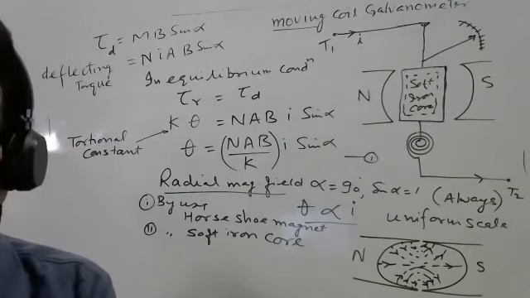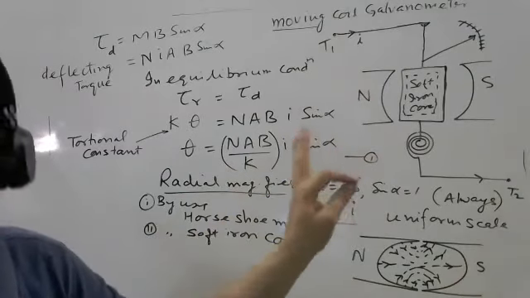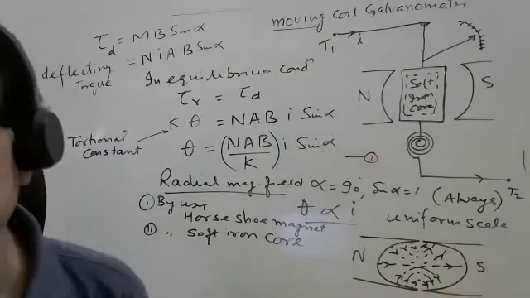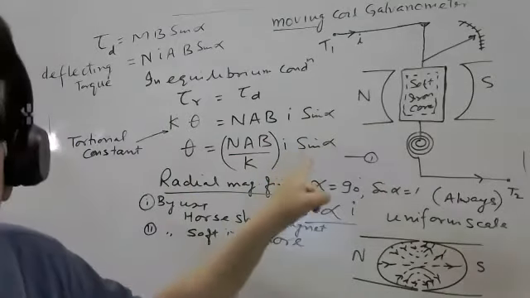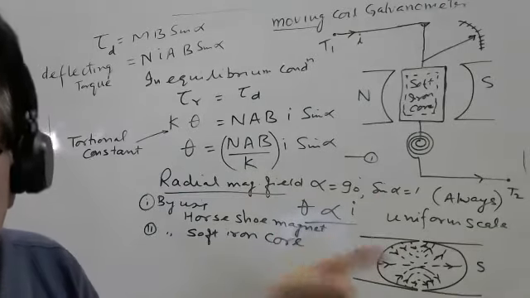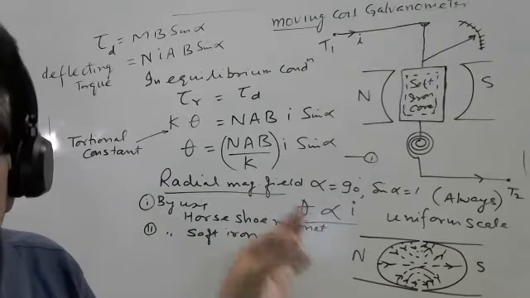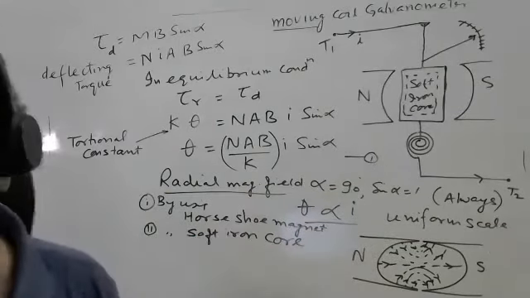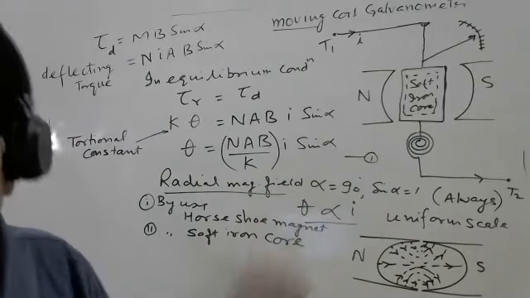No. So we can measure the current, but definitely not accurately, because it depends on sin theta. Theta and sin theta are not the same. Because theta is varying from 0 degree to 90 degree, sin alpha is varying from 0 to 1, and it is not uniform. That is why we are not getting the uniform scale.